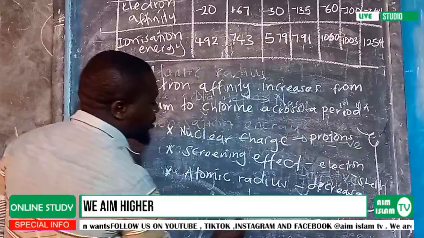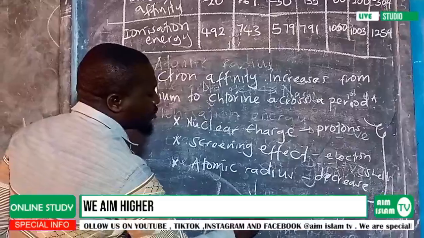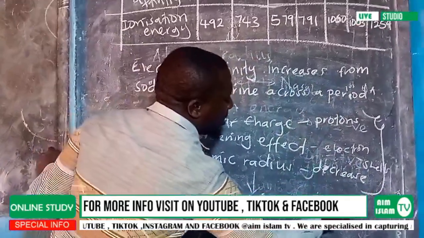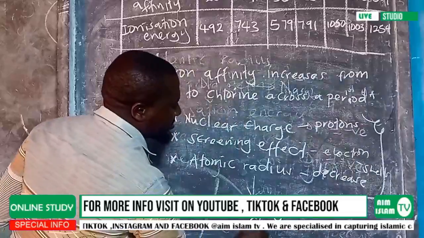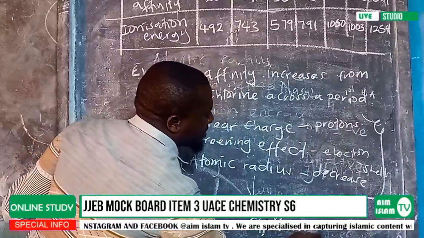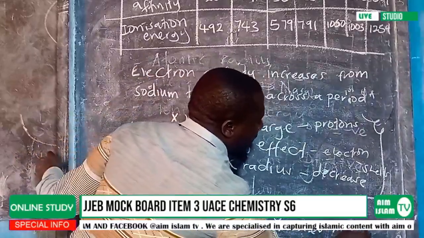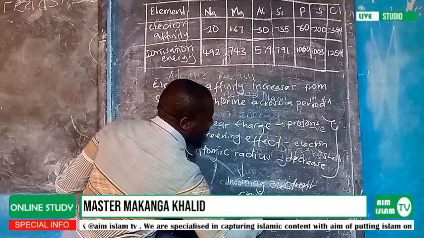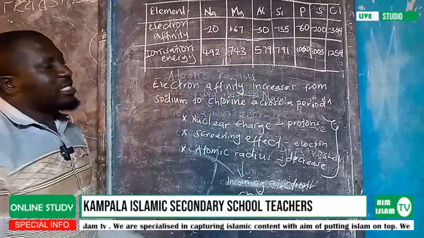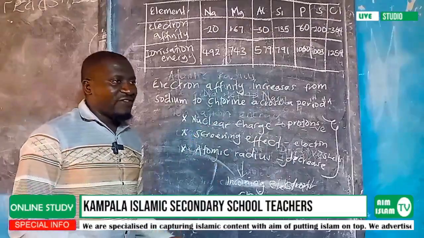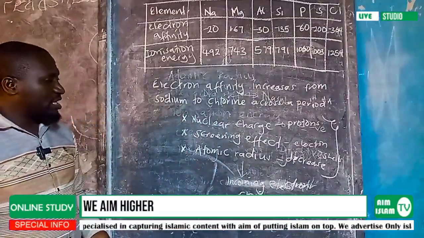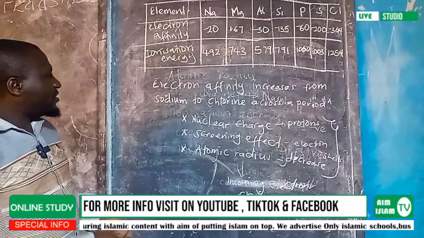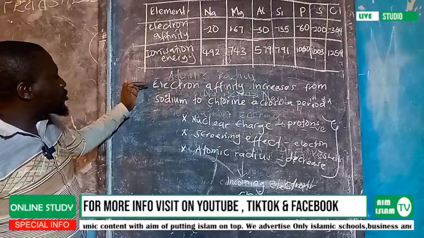The incoming electrons experience more attraction, and hence an increase in electron affinity. So briefly, how do we write about this?